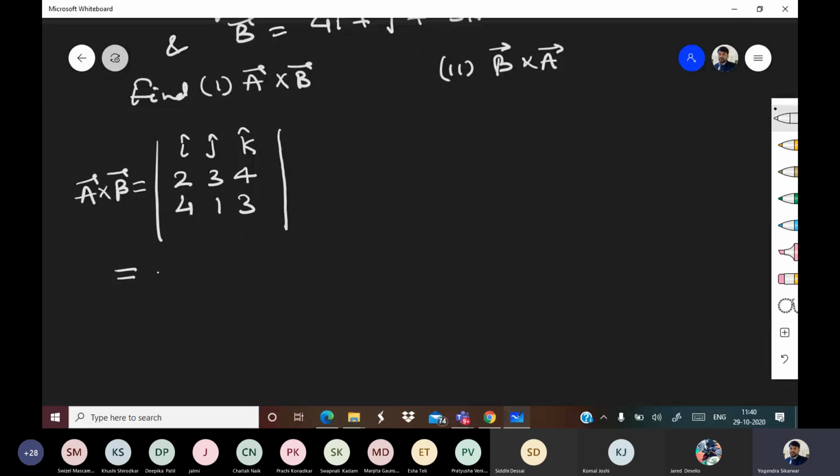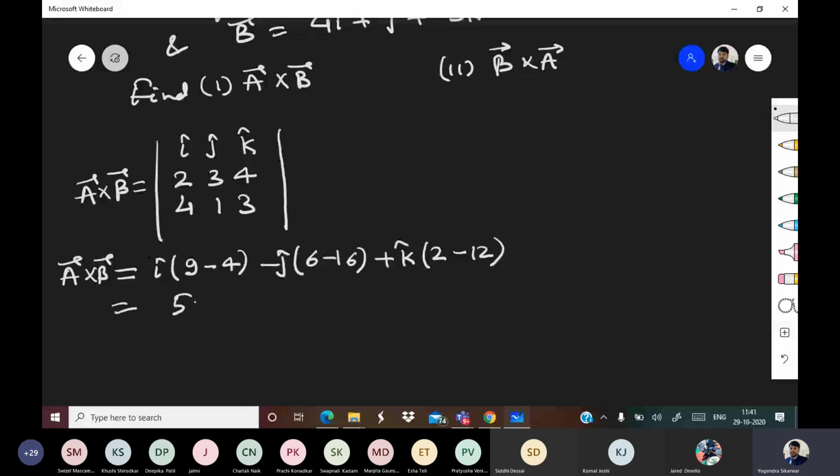So that will be i (3 into 3 is 9 minus 1 into 4 is 4) minus j (6 minus 16) plus k (2 minus 12). So that comes out to be 9 minus 4 is 5 i cap, minus minus becomes plus 10 j cap, minus 10 k cap.